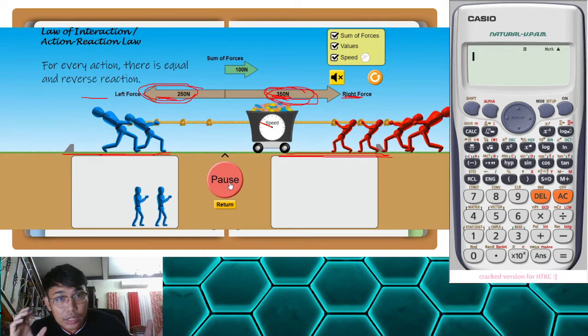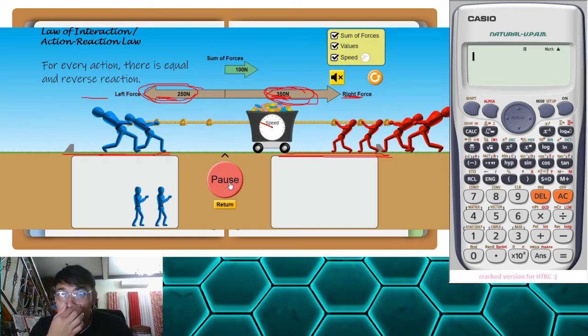And if the object moves, the applied force is directly proportional to the acceleration. Kung saan yung force mo, doon din yung acceleration. So that's why when you break the third law, it will fall onto the first and onto the second.